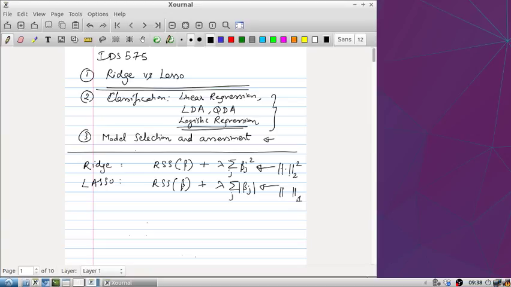What do the subscripts 1 and 2 on the norm signs mean? These are notations for these penalties. This is called the L1 norm, and this is called the L2 norm.